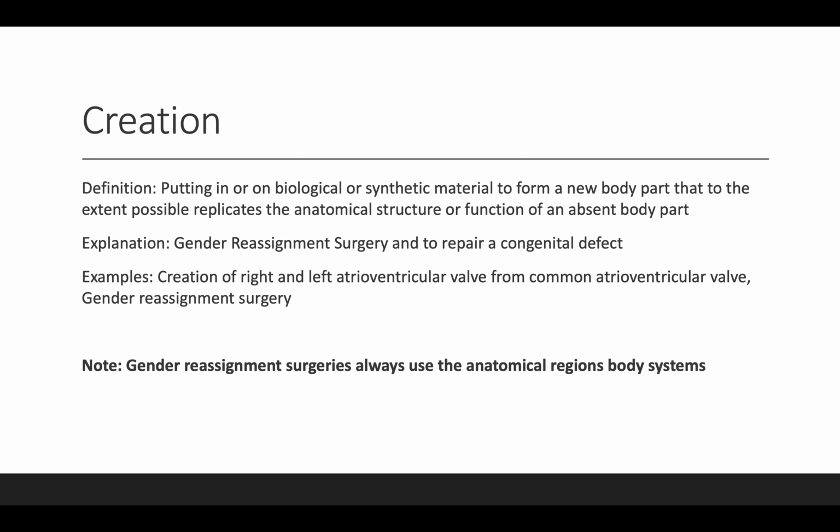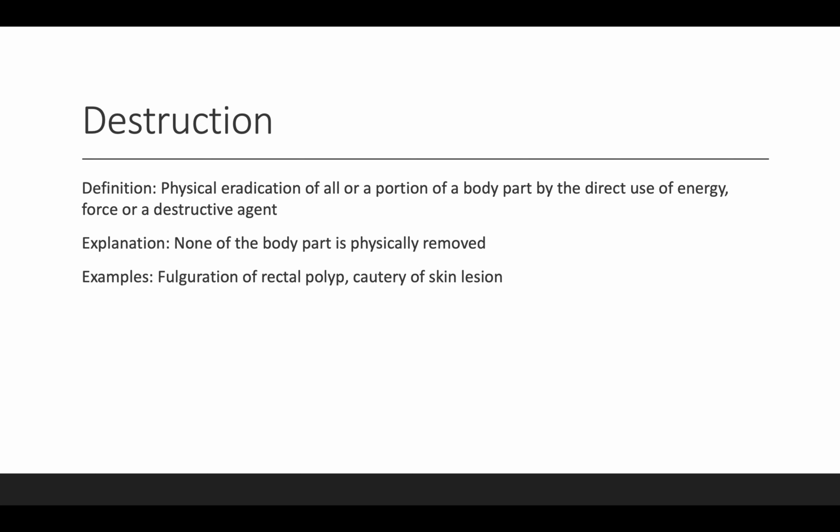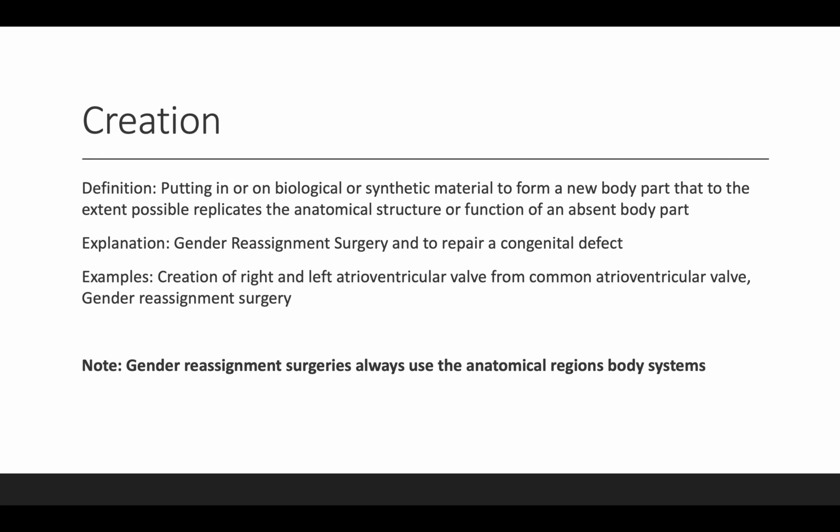Most commonly, it's used for gender reassignment surgery. However, it can also be used in the heart and great vessels body system to create a right or left atrioventricular valve from a common atrioventricular valve. The gender reassignment surgeries always use anatomical region body systems.